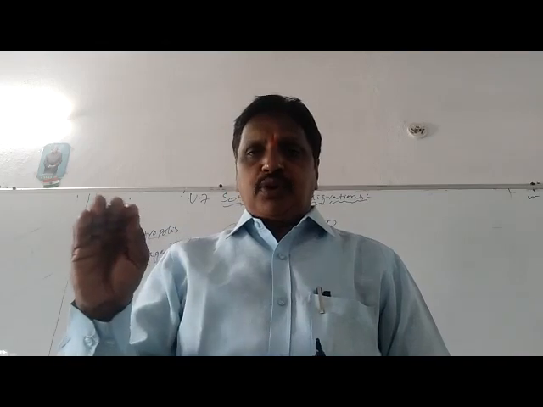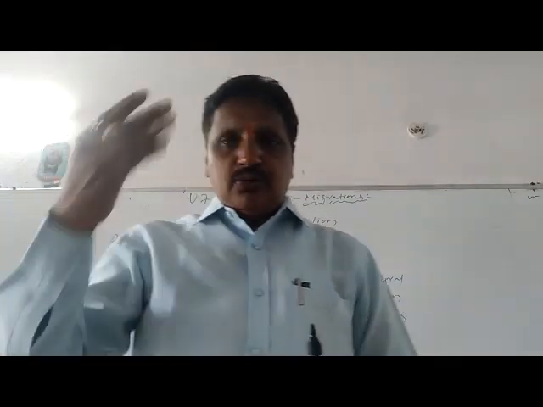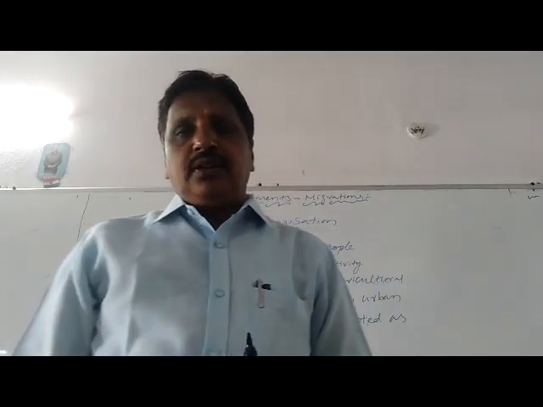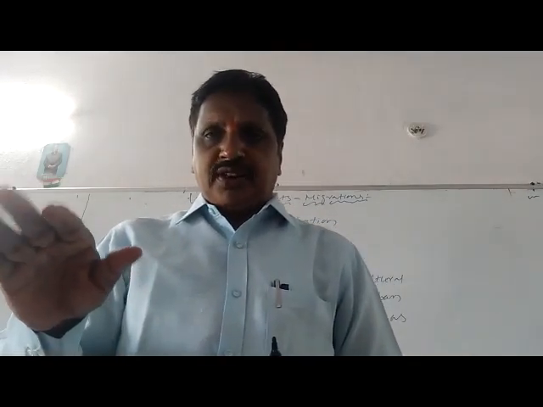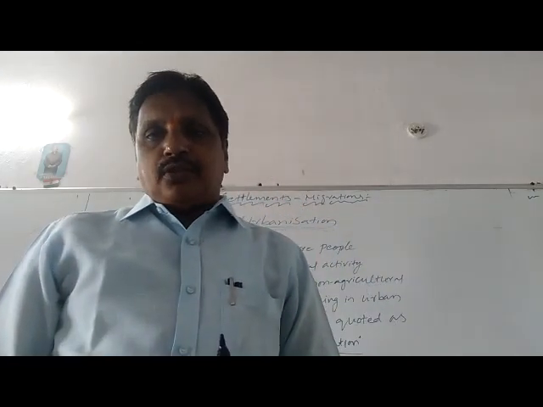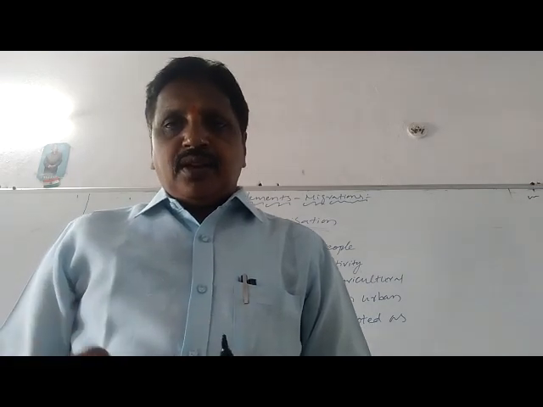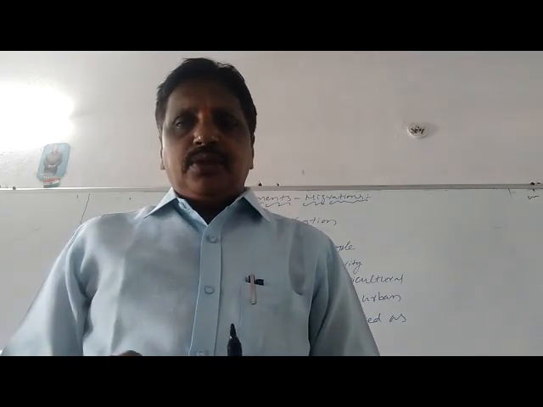Don't take it as an exact figure, I just made a calculation. It is something around 30%. If I am poor in mathematics, please excuse me. So 30% of people are living in urban India, the towns and cities, and the remaining 70% are living in rural India.